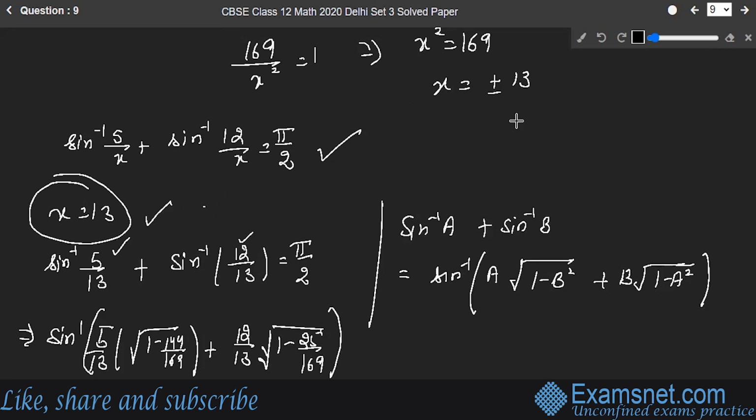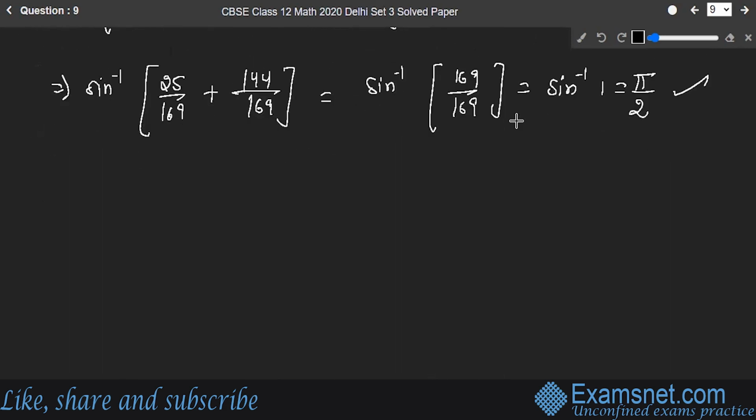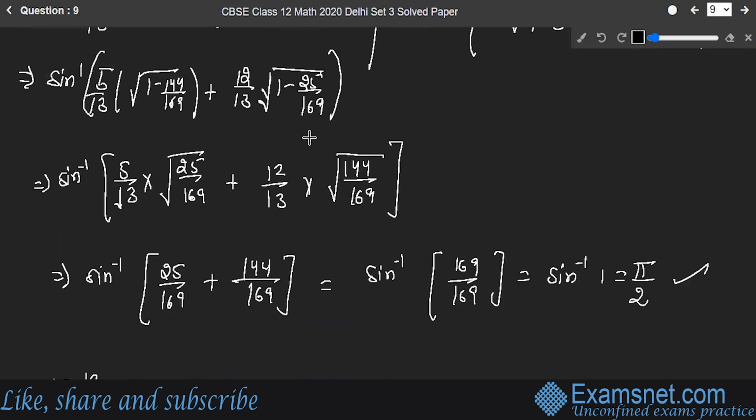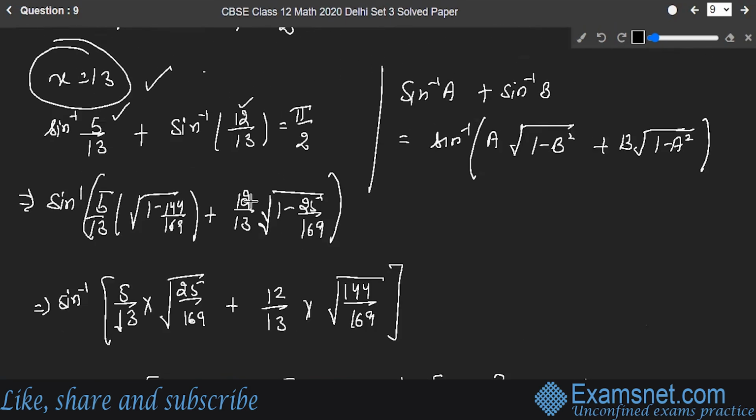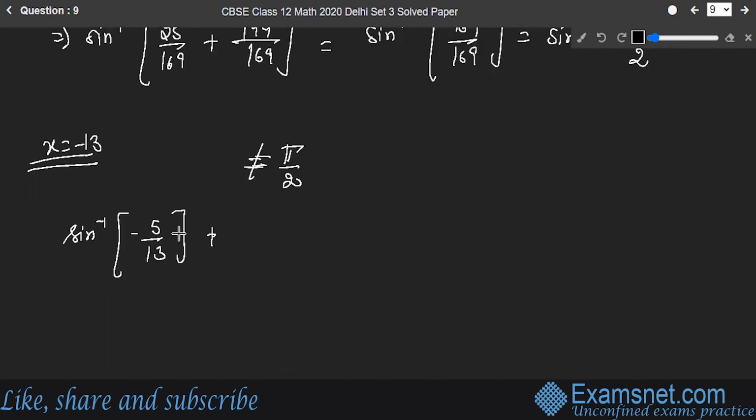Now let's check for x is equal to minus 13. When you check for x is equal to minus 13, it will not come out to be pi by 2, right? This is actually a bit lengthy process. Anyways, let's go for that also. So you had sine inverse of minus 5 upon 13 plus sine inverse of minus 12 upon 13.